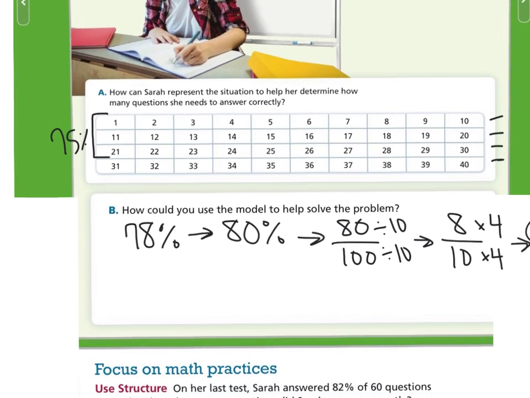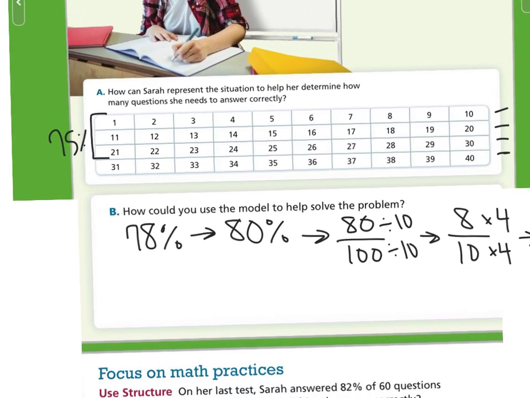What that would mean is 30 questions correct would be 75%. That would be another ballpark idea of where we're at. Again, 80% is just a little bit closer than 75%, but that would at least be another way to get an idea if you're on the right track or not with your answer.